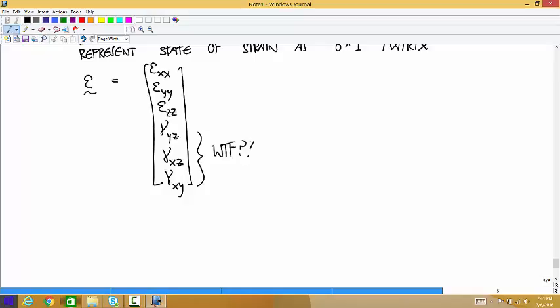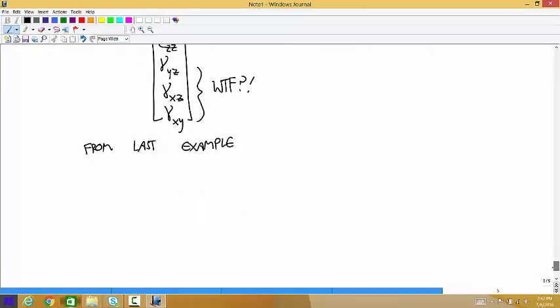That's enough of that. Okay, so from the last example, our state of strain would be written negative 0.3, positive 0.5, 0, and then YZ, XZ, and then XY.